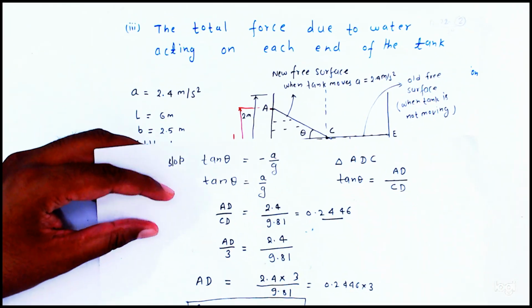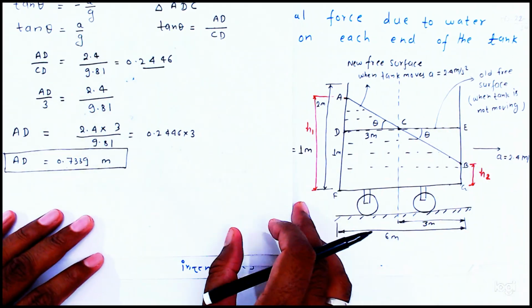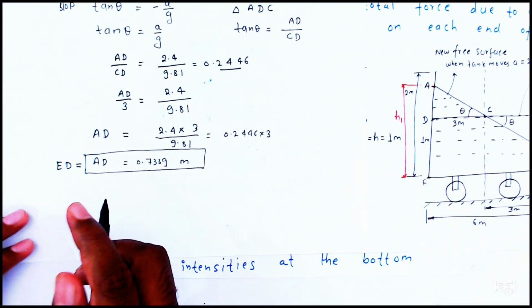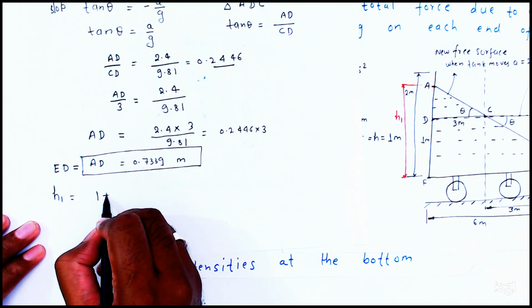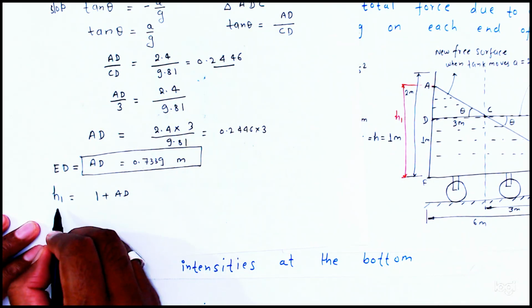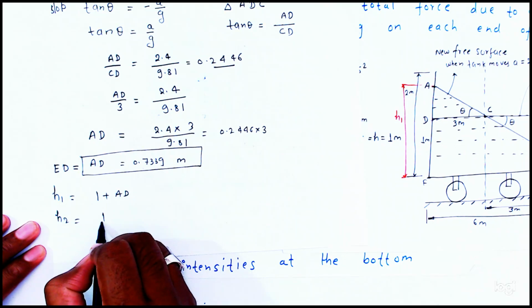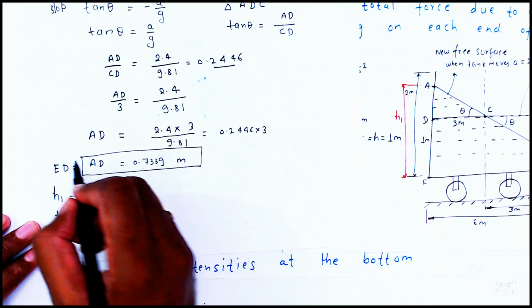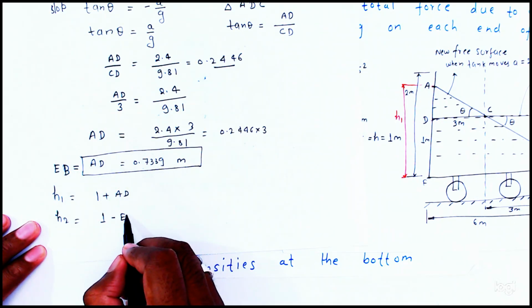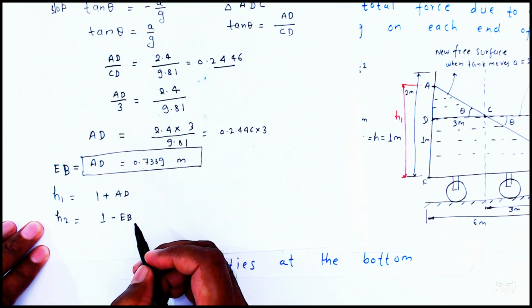H1 value is equal to what? From here, the H1 value is equal to 1 plus AD, and H2 value is equal to 1 minus this EB. Okay, friends.